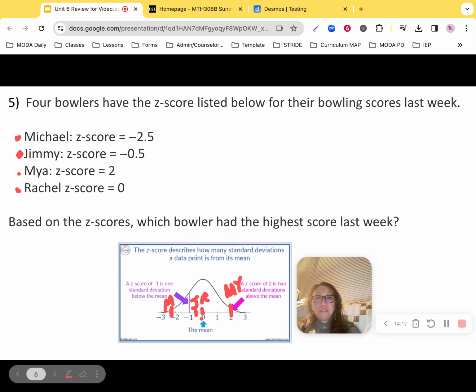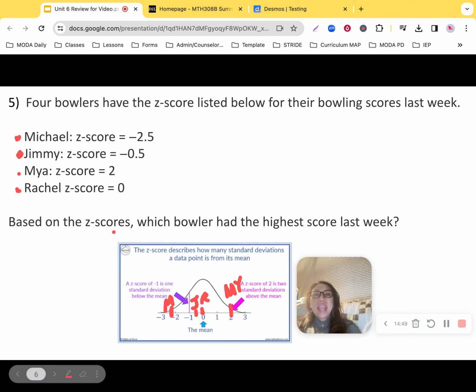So that means if the mean right here is the average and Rachel's z-score is 0, Rachel's bowling score is just average, and Maya is above average, and then Jimmy is just halfway below the average, and then Michael is right there, which is 2 standard deviations below the mean.